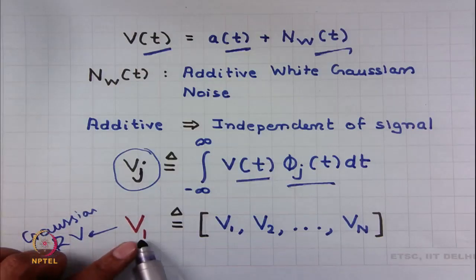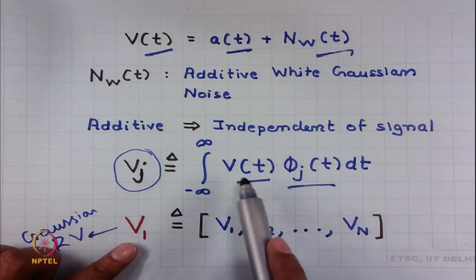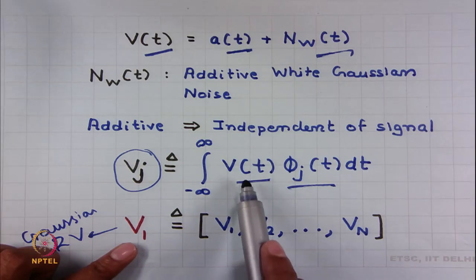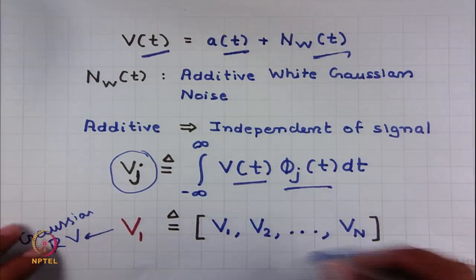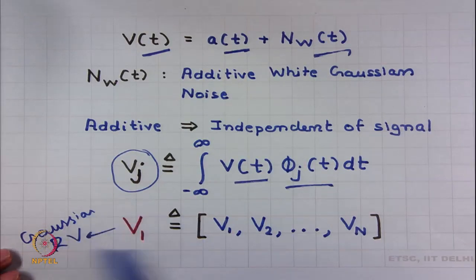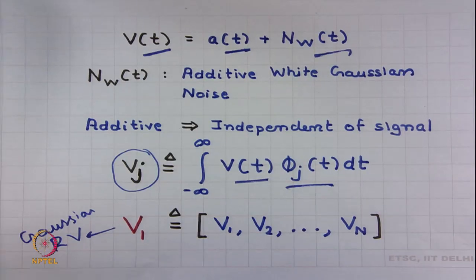So the random vector V is simply the collection of n random variables, and these random variables are obtained by the projection of this random process along these orthonormal functions that I am using to generate the signal set, or to receive; it cuts both ways. All right. So I have a Gaussian random vector which I form by collecting random variables obtained by passing this random process through various orthonormal functions.